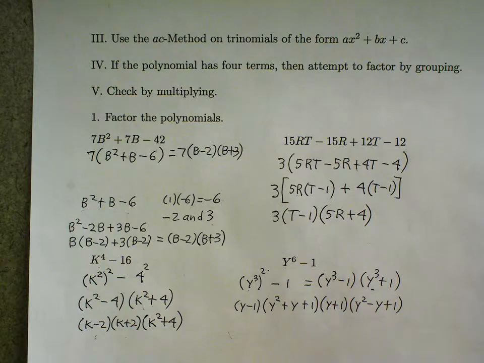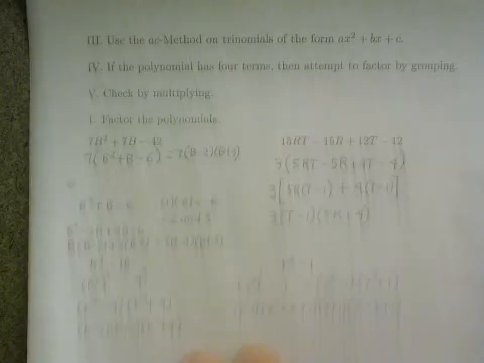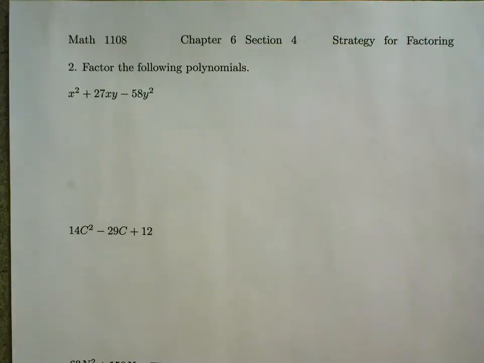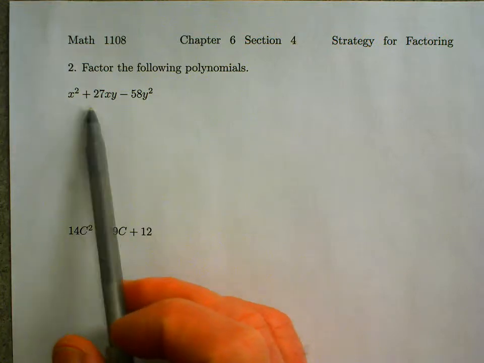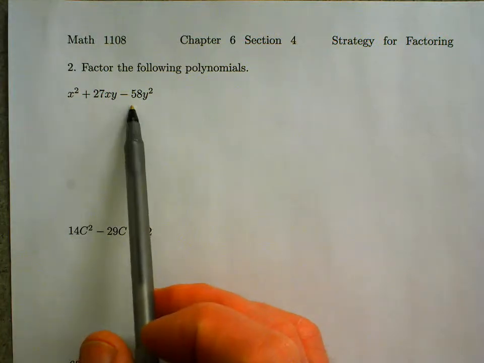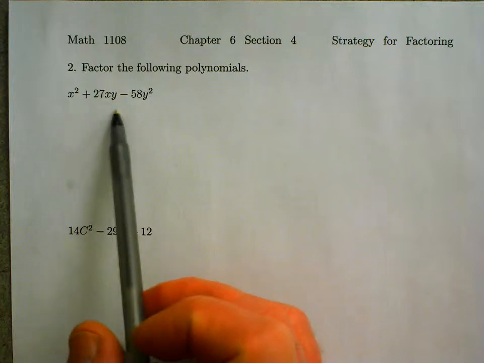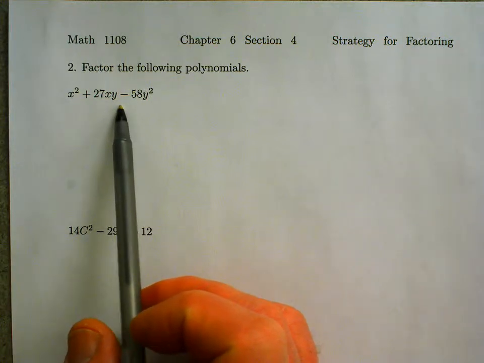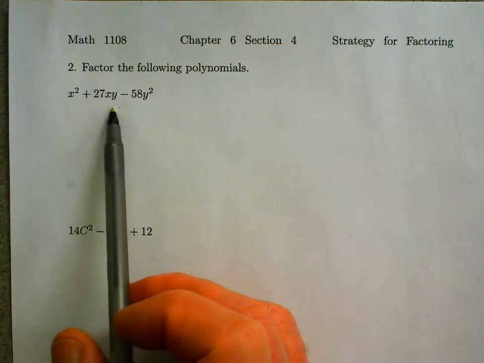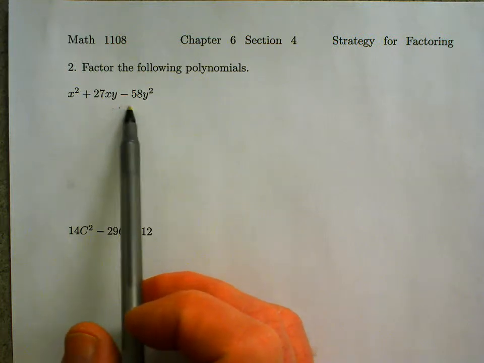Okay, let's move on to the next page. So that's all we're going to do today is factor trinomials or polynomials. So here's a polynomial in two variables, but we can still factor it, or we can attempt to see if we can factor it.